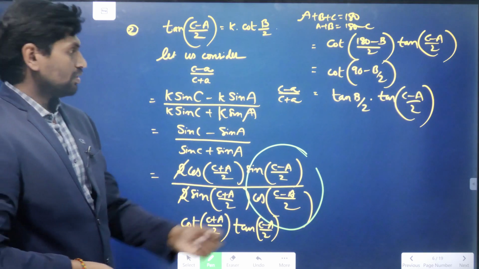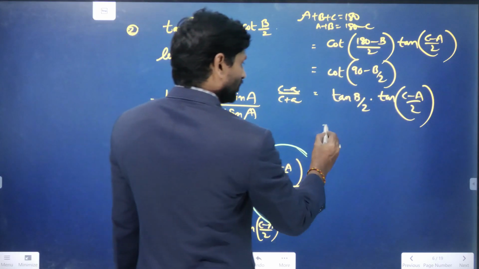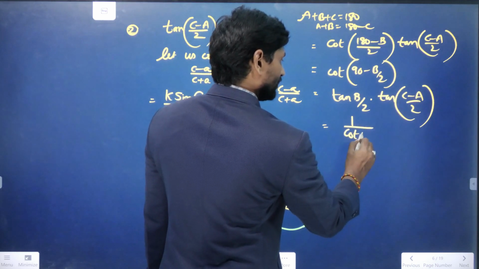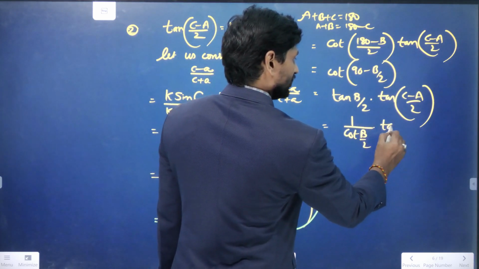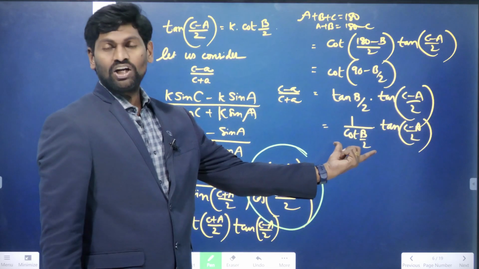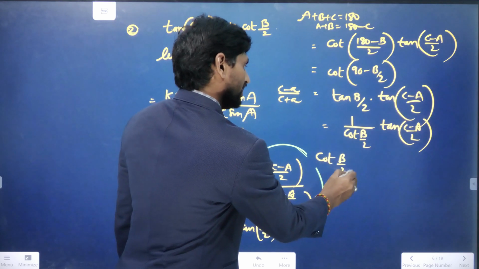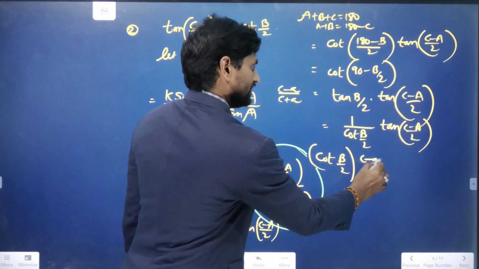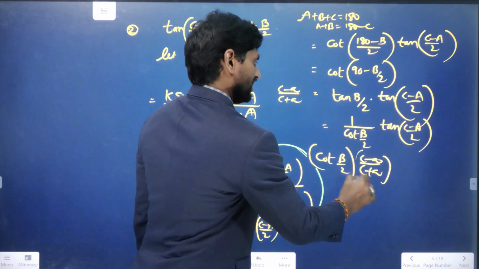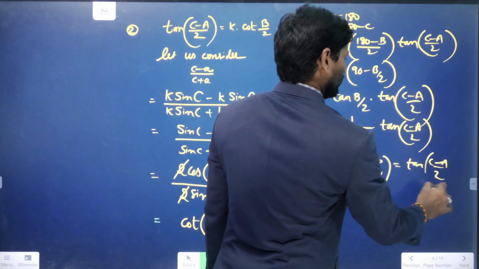Now tan I can write as 1 by cot. Tan b by 2 is 1 by cot b by 2. Transposing, it will be cot b by 2 into (c minus a) by (c plus a), equal to tan (c minus a)/2.